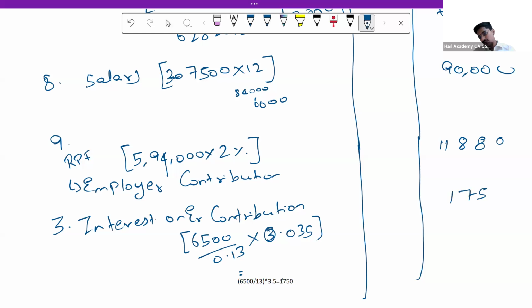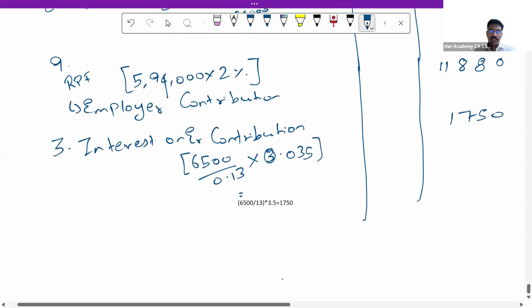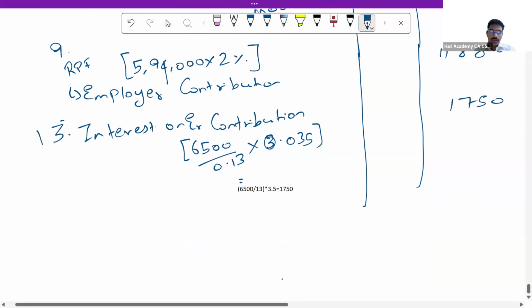So this amount is taxable now. 1,750 is taxable as salary. So this is point number 10. Okay, next we'll go to point number 11.